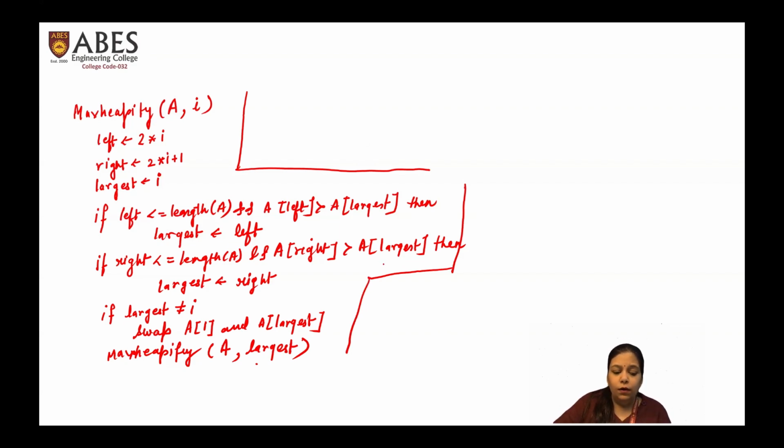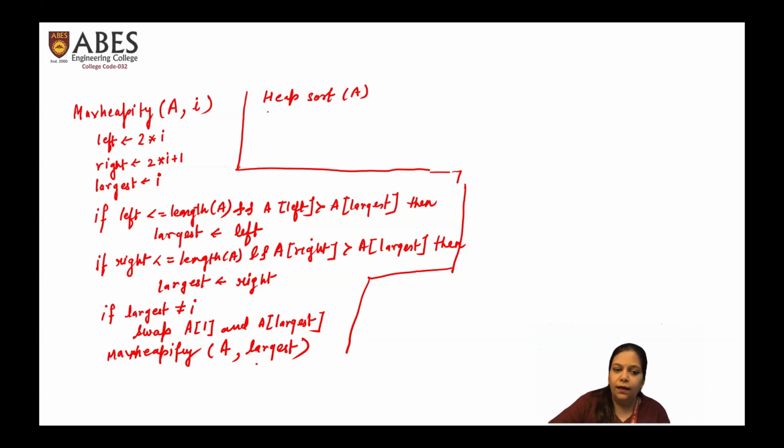Now, as you know, in order to perform heap sort on any array A, what did we see? We saw that first of all, we have to build a max heap out of it, right?